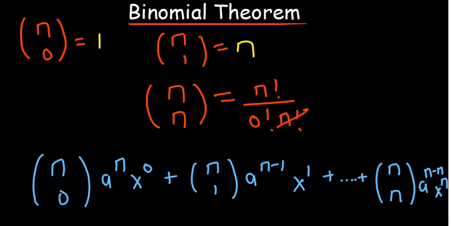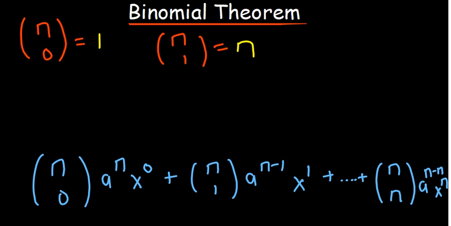So you notice something there as well. That will always be equal to 1. So n choose 0 and n choose n itself will always be equal to 1. So these are the three things that I want you to know. They are going to reduce or simplify our expansion in this way.